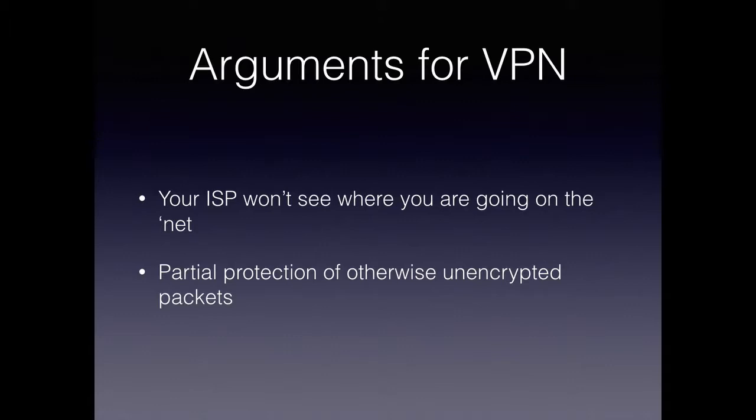But from them forward, it is unencrypted unless it's a normally encrypted connection. One other thing that's not on here, as the gentleman mentioned before, is you look like you're from somewhere else. So if you're trying to see something in Europe that they only show to Europeans, and you get a VPN in France, then you'll be able to do that.